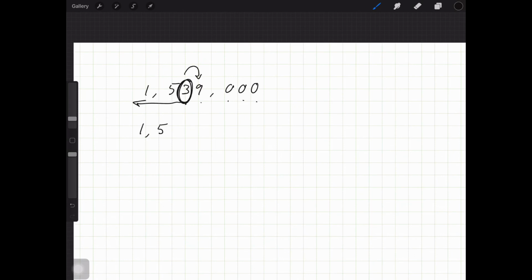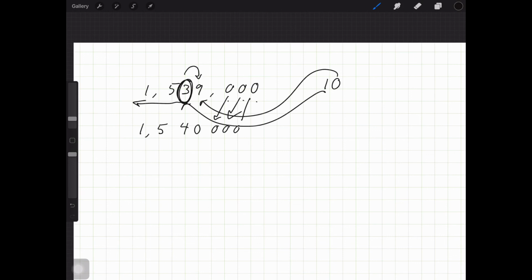Now, that means that the number you're going to change the 9 to is a 10. But the thing is that 10 is a 2-digit number. We only want a 1-digit number. So we're going to replace the 9 with the 0, take the 1 and add it to the 3, and then everything else is all zeros. So just bring these down, basically. So this is your answer: 1,540,000. And that's it. Yay.